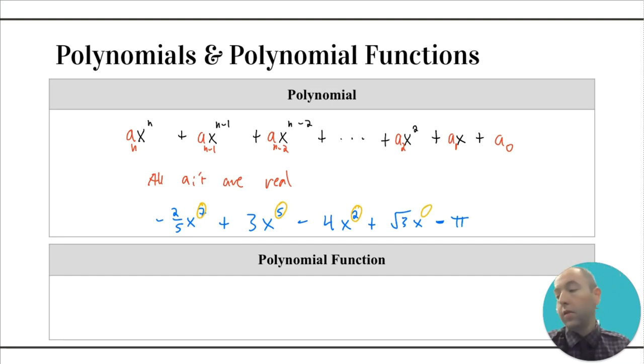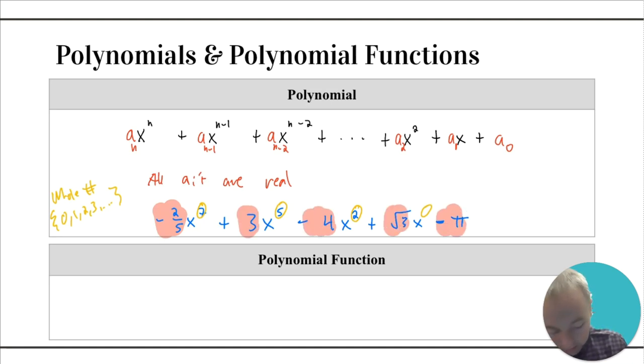If we had fractions or negative numbers, they would not be whole numbers, right? Because to be a whole number means that it needs to start at 0 and then count upwards and have no fractions or decimals, right? And then also all of these coefficients of the variable terms are real numbers, and so we get a real polynomial.